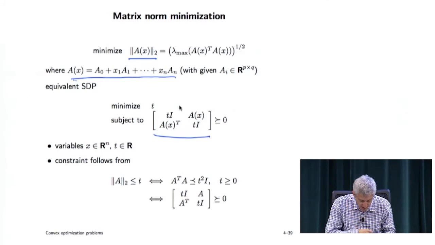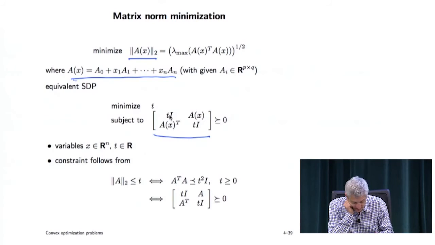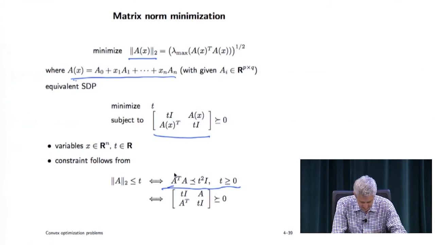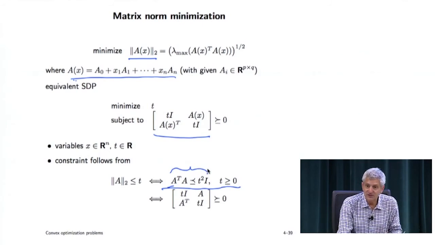This matrix is positive semidefinite if and only if, we'll start here, tI is bigger than or equal to 0. That requires t to be bigger than or equal to 0. And tI minus A of x transpose times the inverse of this times that is positive semidefinite. And that's exactly these inequalities here, right? And this inequality is also really interesting.